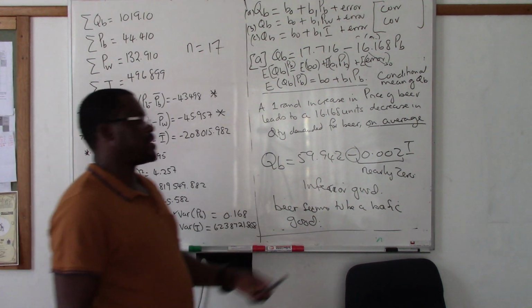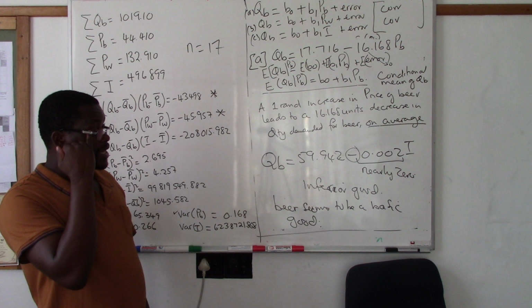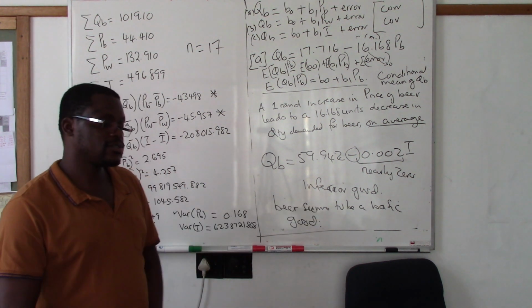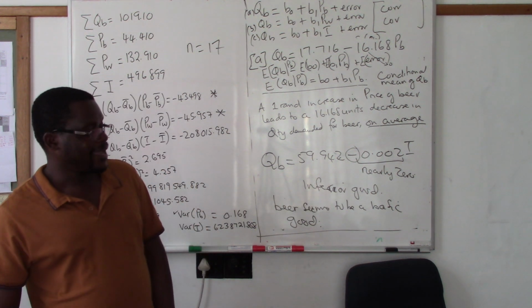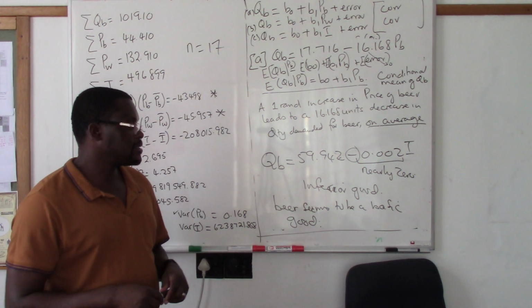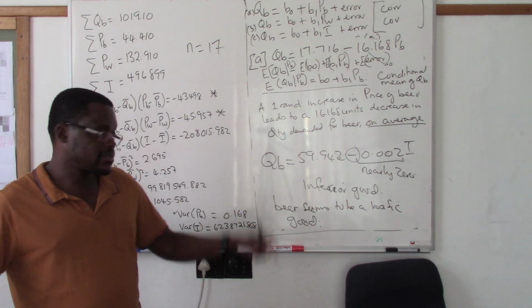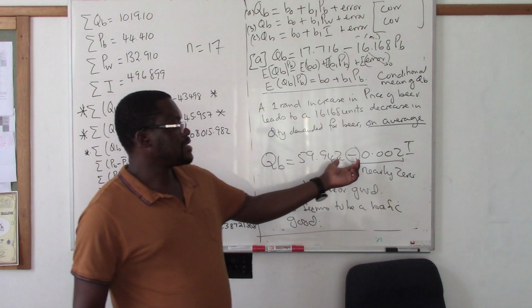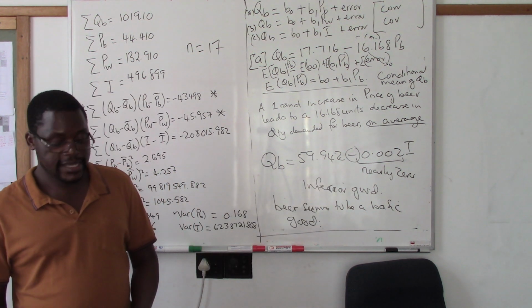I'm just judging by the size of the coefficient of income, but for you to be able to clearly say it is a basic good, you need to calculate the income elasticity of demand. And if you find that the income elasticity of demand is just about 0.00 something, then you can say it is a basic good. But we are certain that it's an inferior good because of the minus sign there.